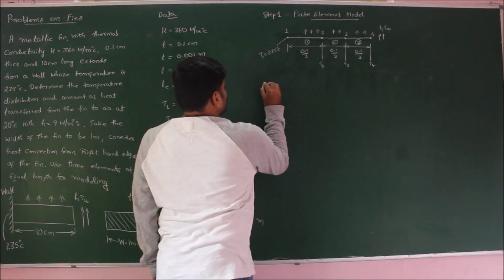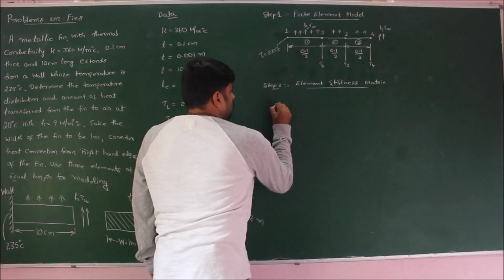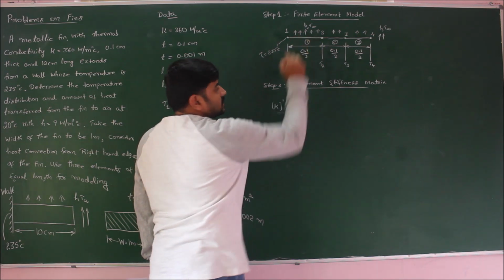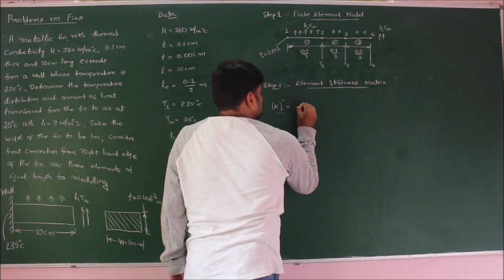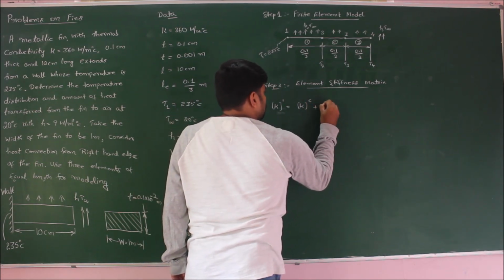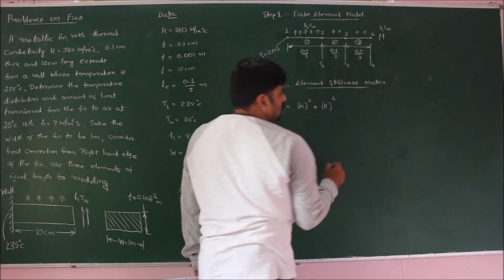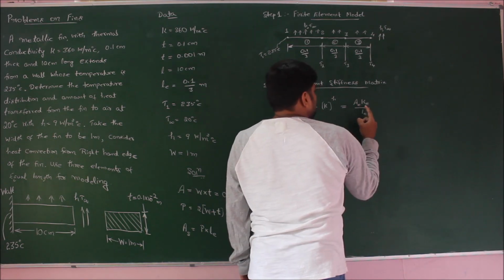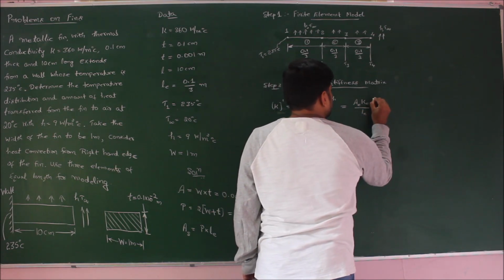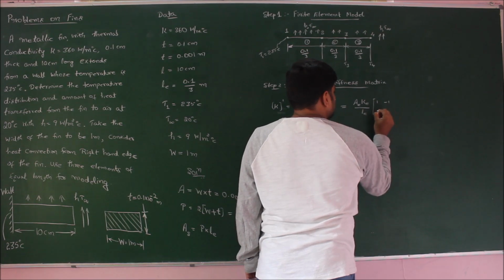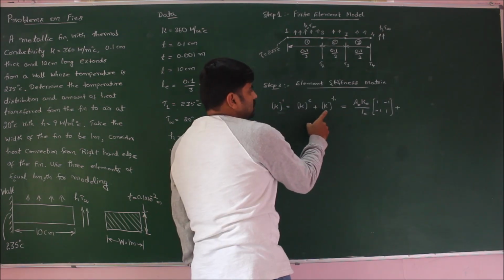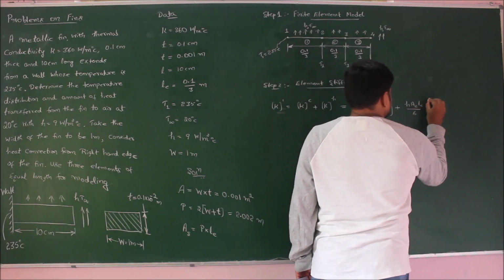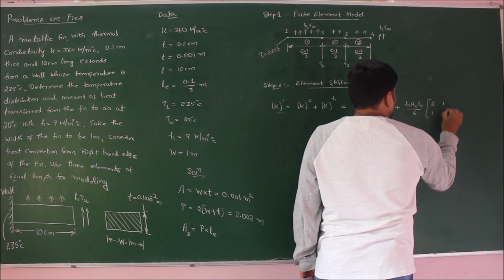Moving on to step 2, that is the element stiffness matrix. For element 1 we have conduction plus surface convection, that is the element stiffness matrix of conduction plus the element stiffness matrix of surface convection. The conduction matrix is given by area of the element times thermal conductivity of the element divided by length of the element, times the matrix 1 minus 1, minus 1 1, plus the element stiffness matrix due to surface convection, given by h A Le by 6 times the matrix 2 1, 1 2.